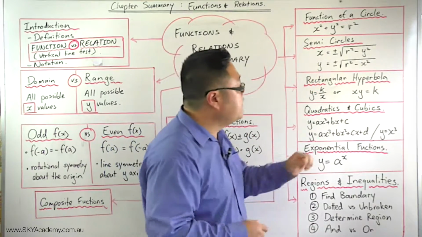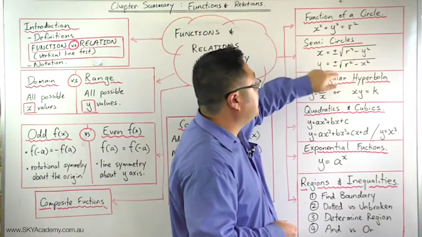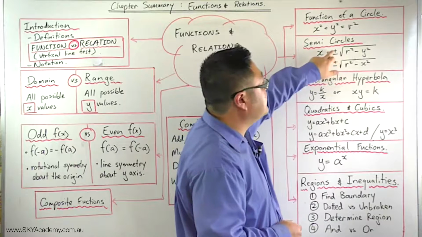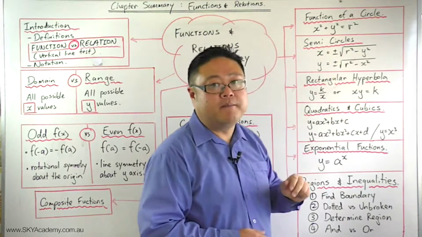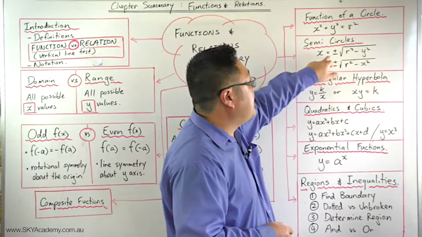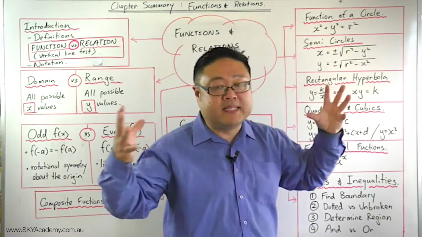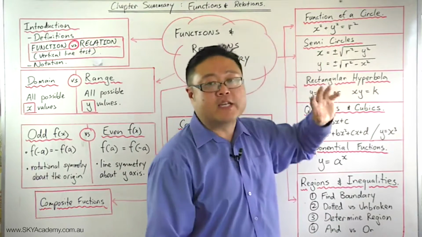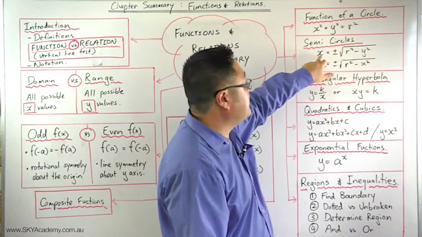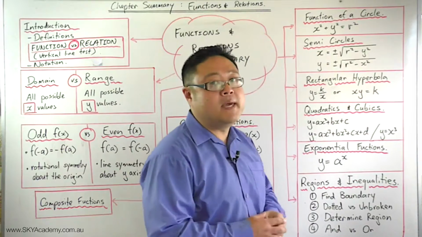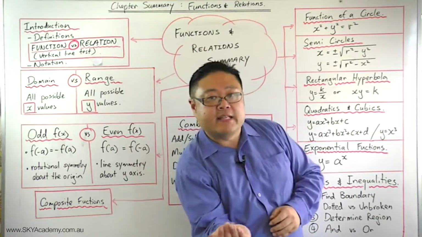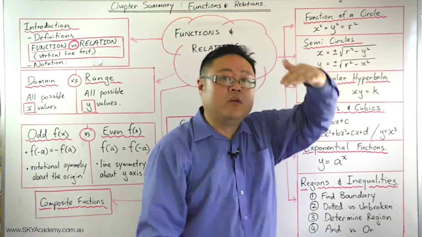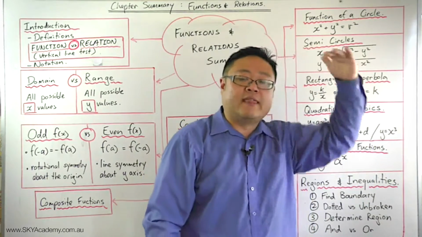Now, with circles, for example x equals the square root of r squared minus y squared, what you'll find is that you've got a plus bit and a minus bit. The plus bit and the minus bit together make the full circle, whereas the plus bit on its own means that you're looking at the right-hand side of the circle, and the negative would be the left-hand side.